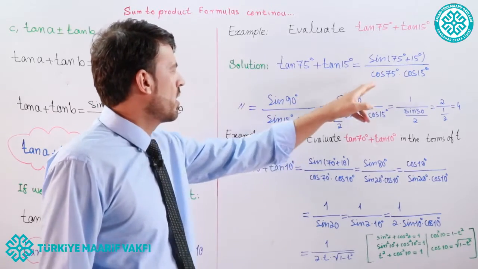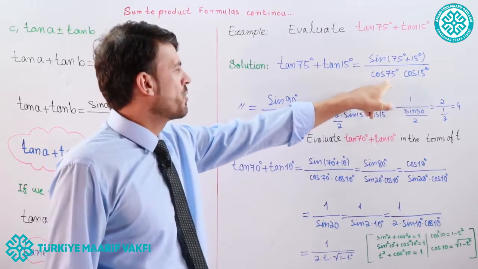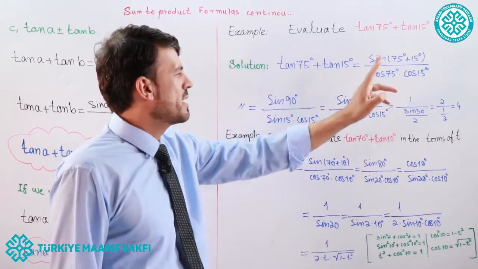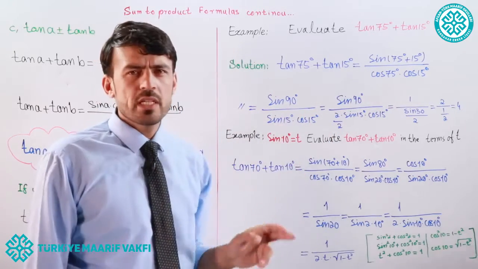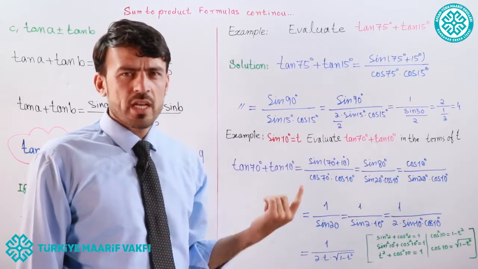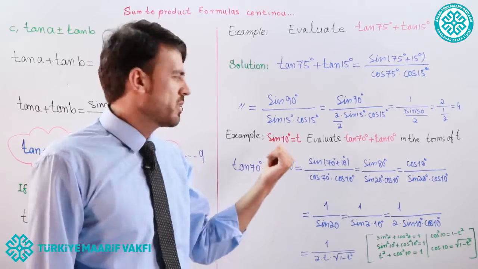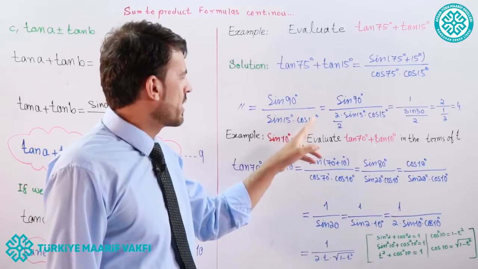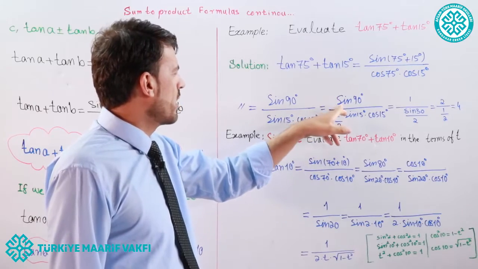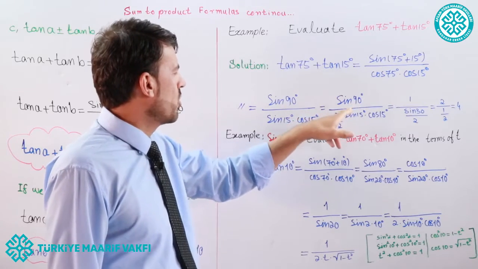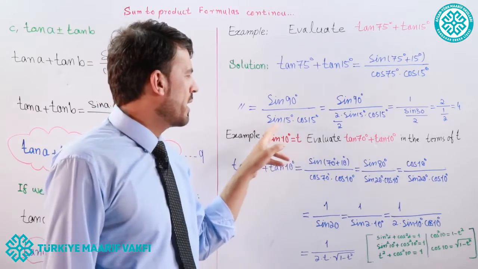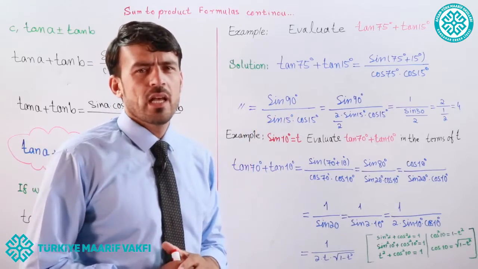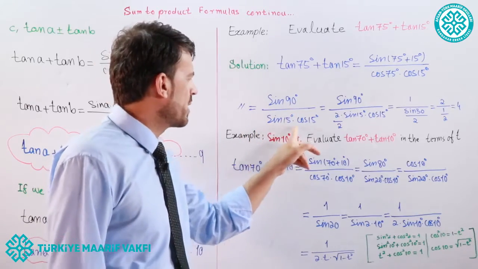And here cosine of 75 degrees, we can write this as sine 15 degrees because sine and cosine are co-functions of each other. And cosine 15 degrees. Here we are writing sine 90 degrees over, we can apply the double angle formula in the denominator.